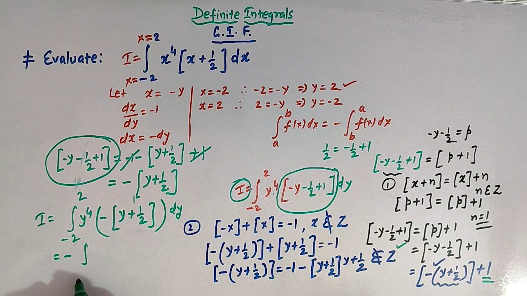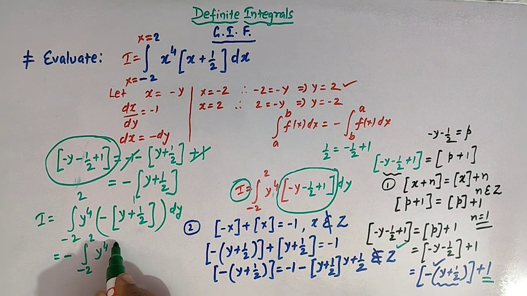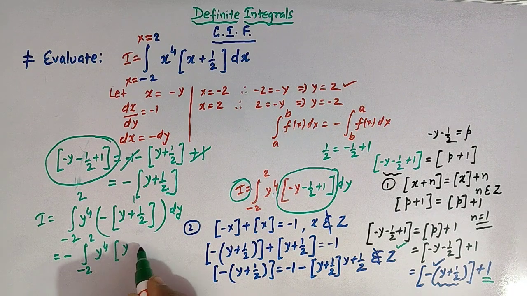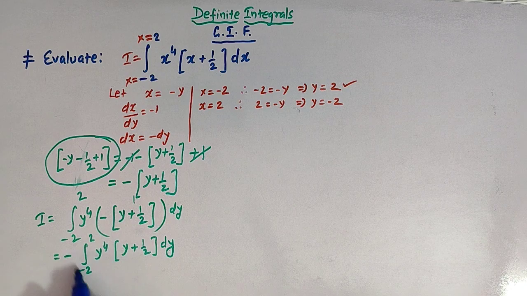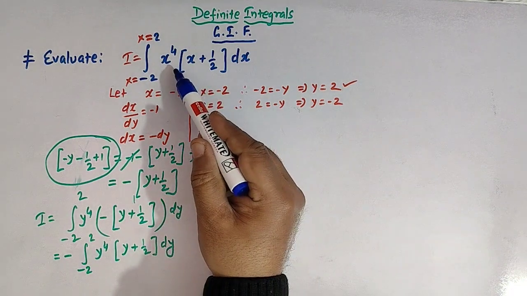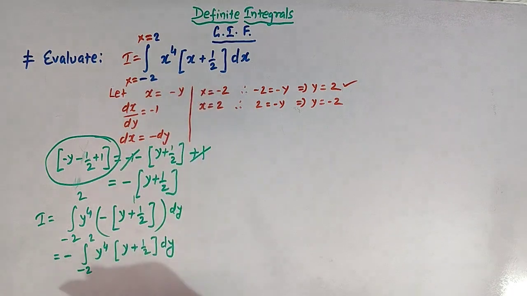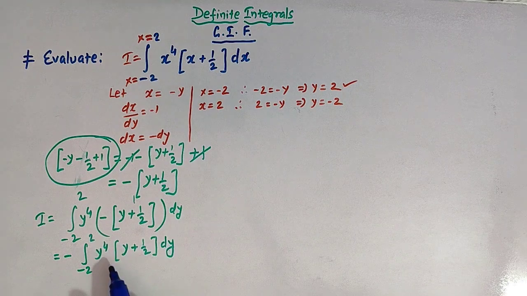So we have minus the integral from minus 2 to 2 of y raised to 4 times the greatest integer of y plus half dy. So now we have got this integral, and this integral is our original integral, because the only difference is that this integral is in terms of x and this is in terms of y.